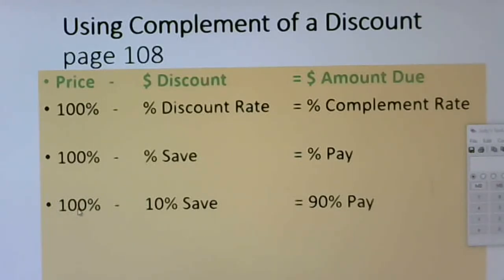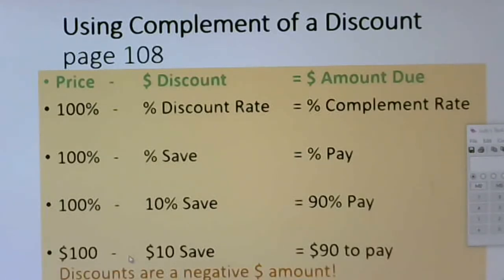Say you're buying an item at Kohl's for whatever amount. You're going to save 10%. You're going to pay 90%. So you got to get that in your head. $100 minus 10%. You're going to save 10, so you're going to pay 90. Remember, discounts are negatives.